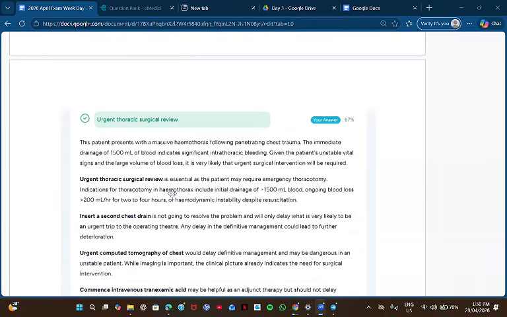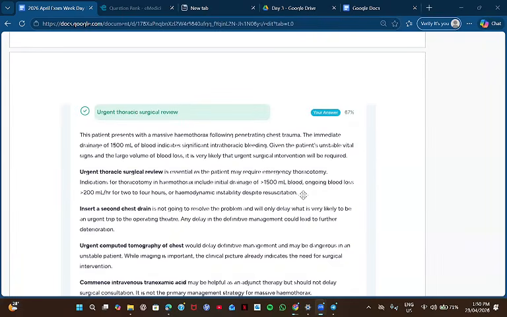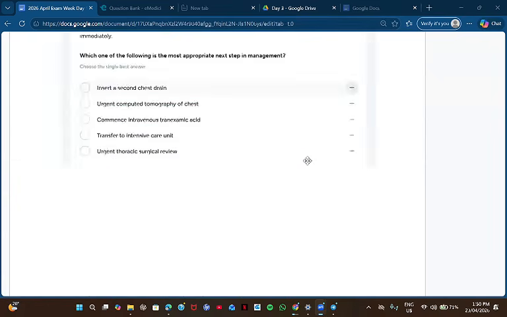Urgent thoracic surgical review is essential as the patient may require emergency thoracotomy. Indications for thoracotomy in hemothorax include initial drainage of more than 1.5 liters of blood, or ongoing blood loss of more than 200 milliliters per hour for 2 to 4 hours, or hemodynamic instability despite resuscitation.